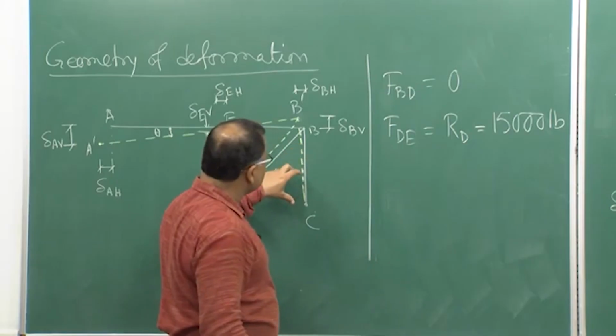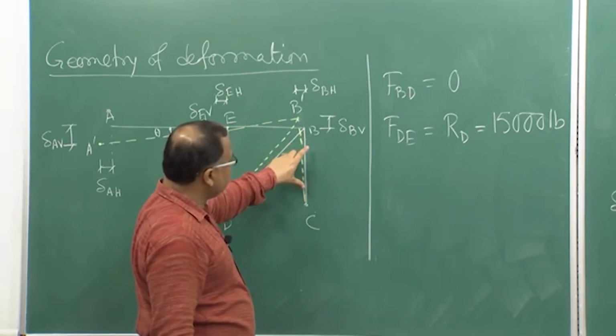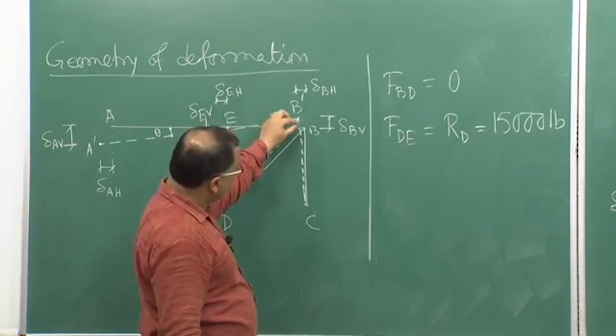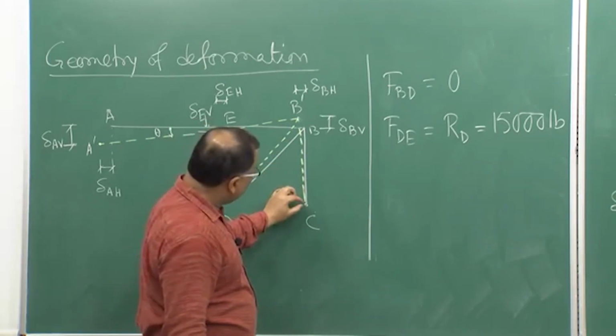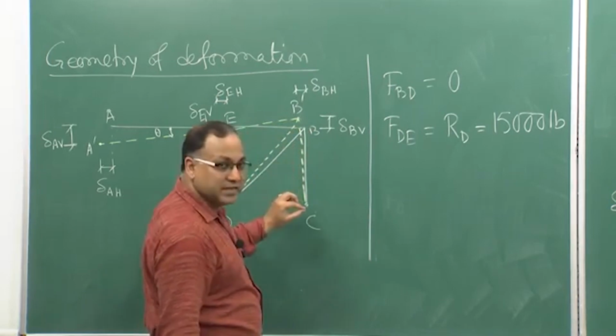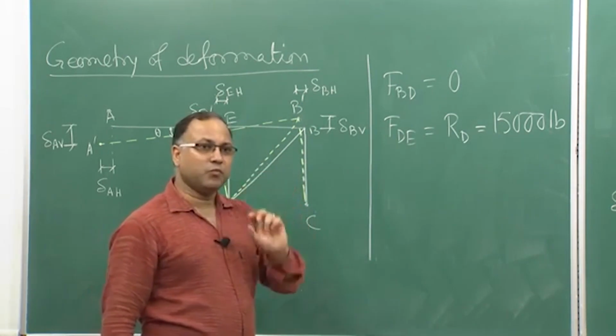Delta BV is nothing but the elongation of member BC, because delta BV is in the vertical direction, and member BC is also a vertical member. So the amount of elongation happening in member BC is equal to the vertical movement of point B.